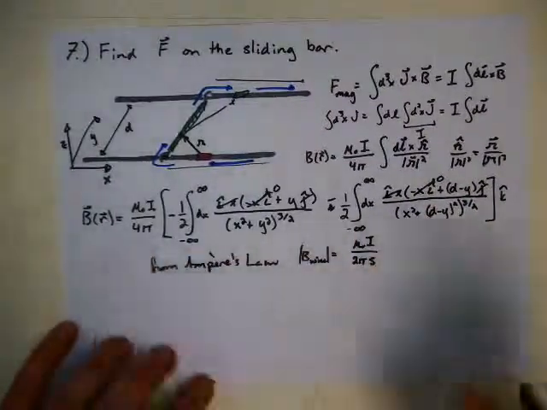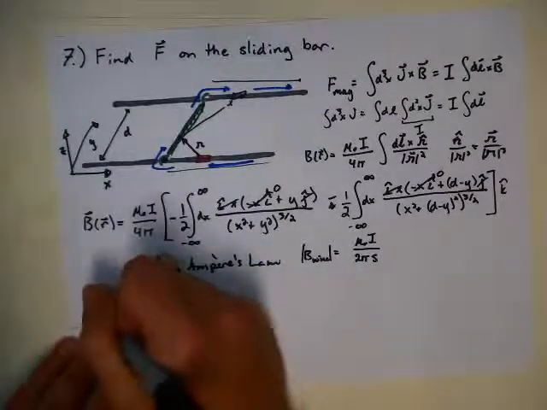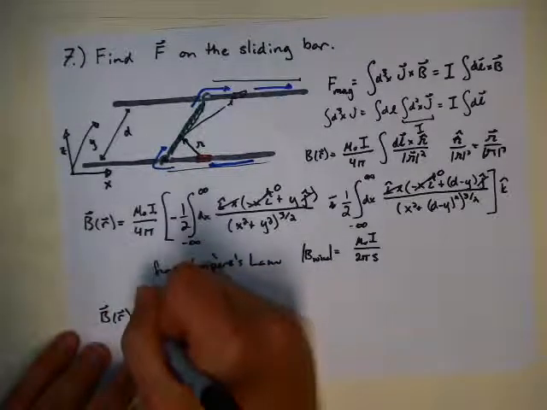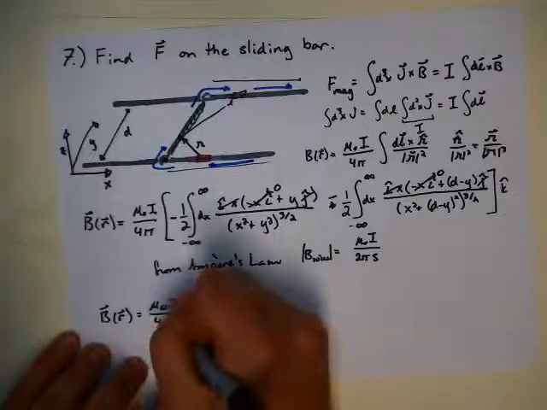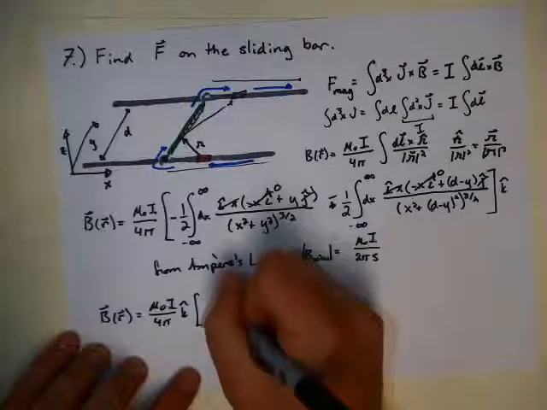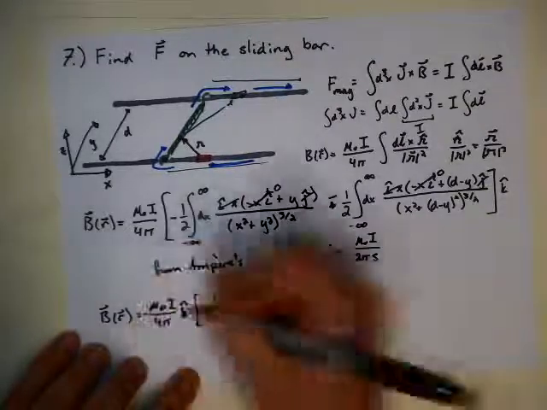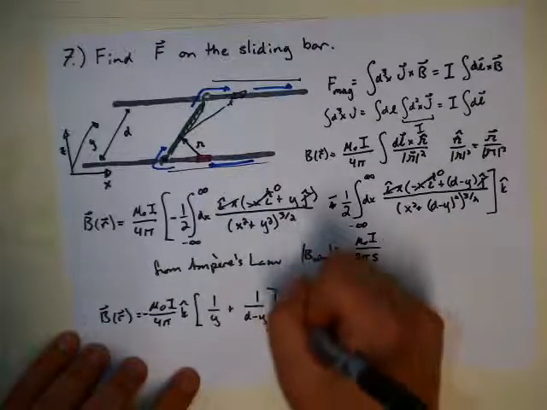So we're just going to want 4 pi s, right, because we're half of that. And so the magnetic field along this path is going to be mu naught I over 4 pi k hat, and then I'm going to get 1 over y plus 1 over d minus y. And that's it.